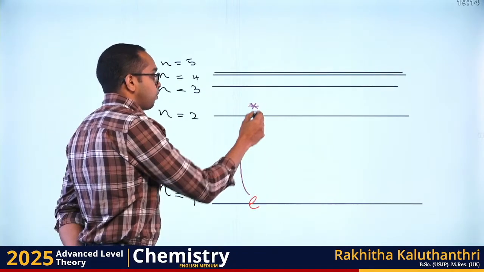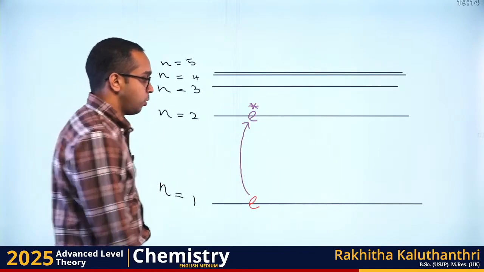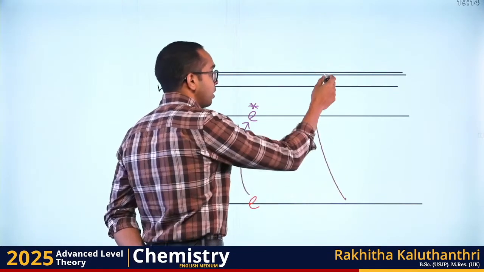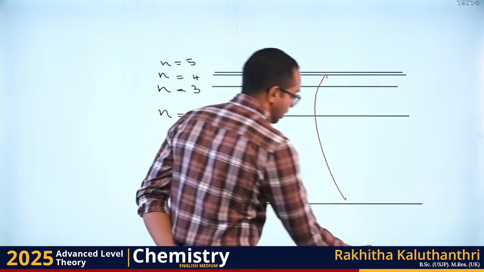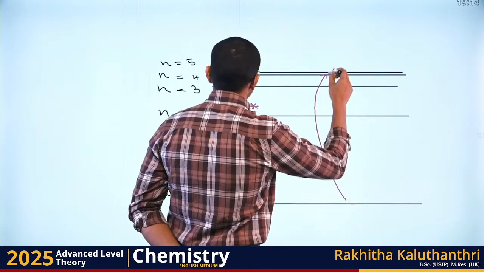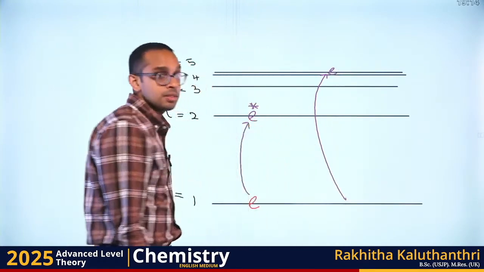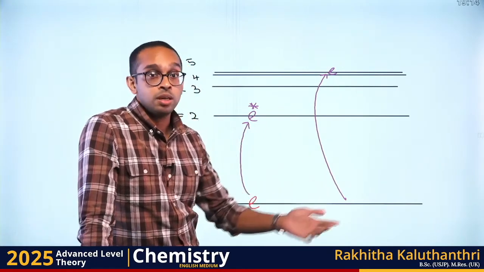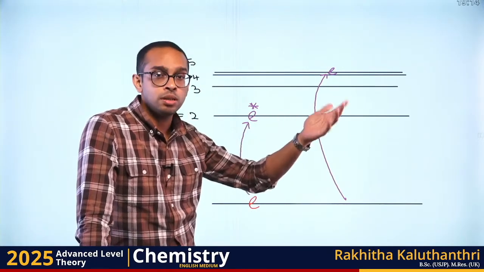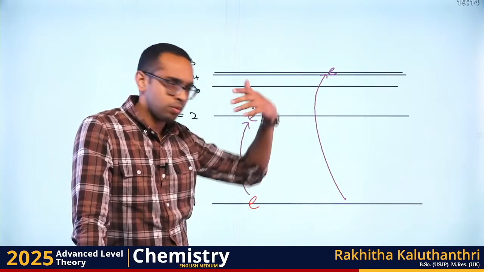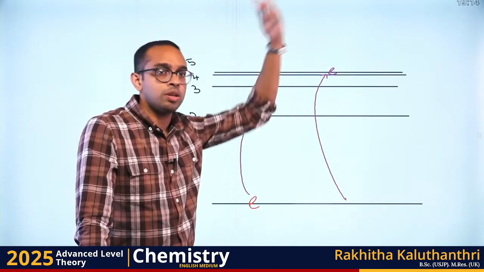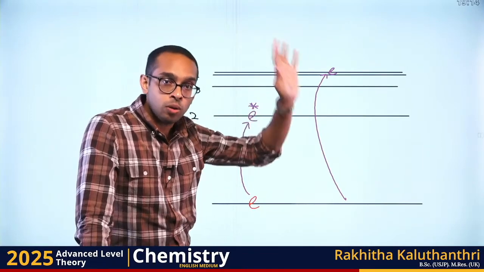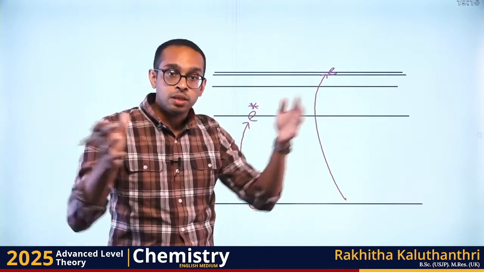It can move, let's say, to the second energy level, or sometimes it can also move all the way to a higher energy level, like let's say to the fifth energy level. It depends on the amount of energy that it absorbs. It can move sometimes to the second energy level, or sometimes to the third, fourth, fifth. There are infinite number of energy levels, all the way to the infinite energy level it can get excited. But it all depends on the amount of energy that it absorbs.